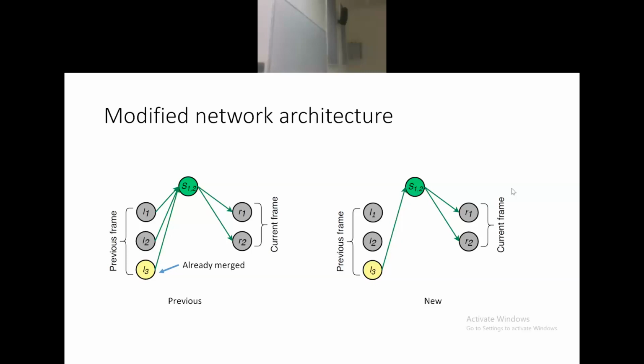But in reality, what happens is maybe only L3 can be split. Why? Because L3 has a previous history of merge. If there is a merge, only then they are allowed to split. So that restriction is being put in the earlier version. In the new modifications of the architecture, we actually incorporated this change, a restrictive allowance of merging and splitting.